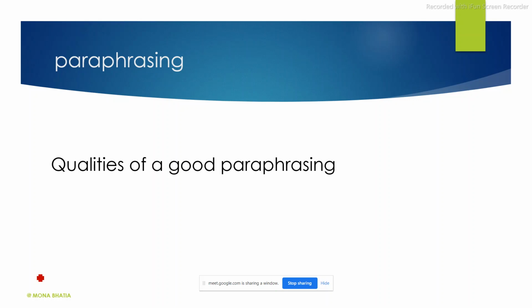Paraphrasing it sentence by sentence is sometimes not good. You read one sentence and you won't be able to paraphrase. So that is why I'm telling you, read the full paragraph 2-3 times. By reading it 2-3 times you will get the gist of the paragraph, what is the sense of the paragraph, then start paraphrasing. Never do it sentence by sentence. Okay?